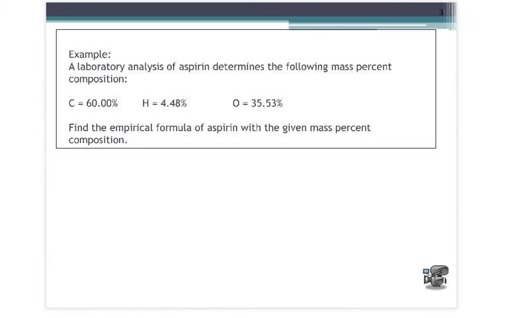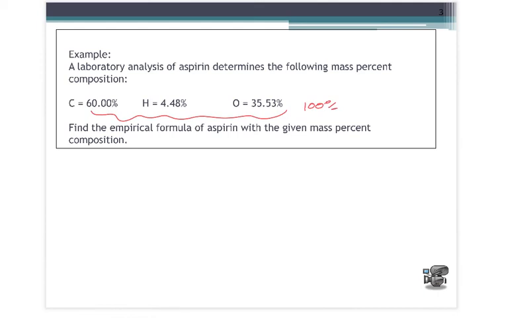Now sometimes in the laboratory we're given, like in this example, a laboratory analysis of aspirin that determines the following mass percent composition, and it's given to us as a percentage. How do we find the empirical formula from there, given the mass percent composition? Well, since all of these add up to 100%, let's pretend we have a 100-gram sample.